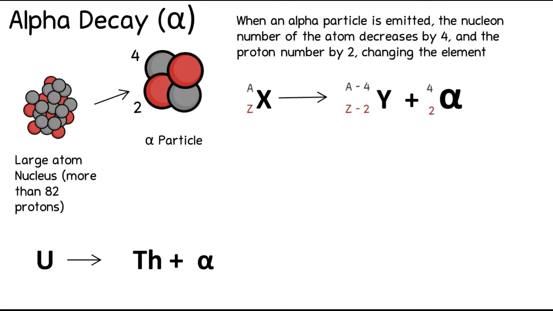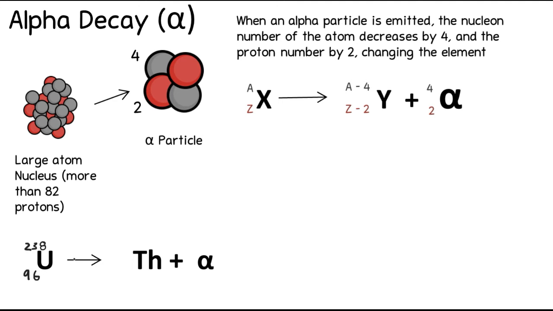I can't remember the numbers off the top of my head, but I'm pretty sure uranium is about 238. I'm pretty sure it has a nucleon number of about 238. And this is obviously radioactive because it's going to decay. And it has about 96 protons, I think. This could be wrong, we'll find out in a minute.